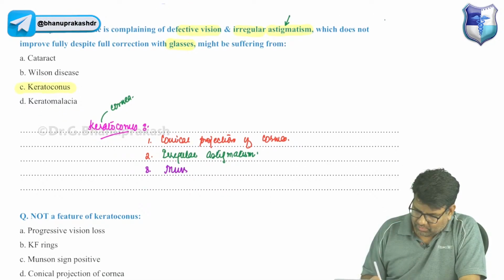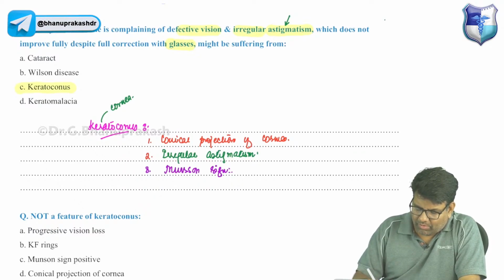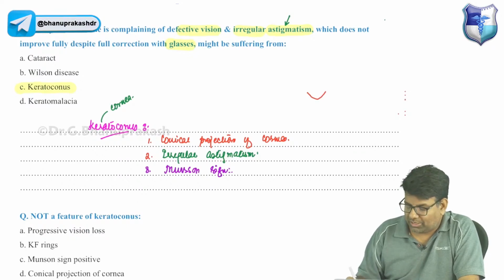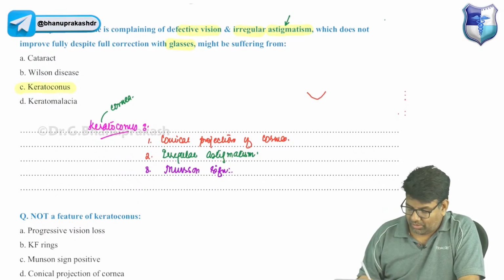This is Munson sign. What is Munson sign? If there is conical projection and you tell the patient to look downward, the lower eyelid will get indentation. So there is a V-shaped indentation of the lower eyelid the moment the patient tries to look downward.